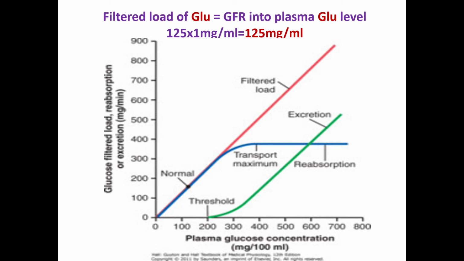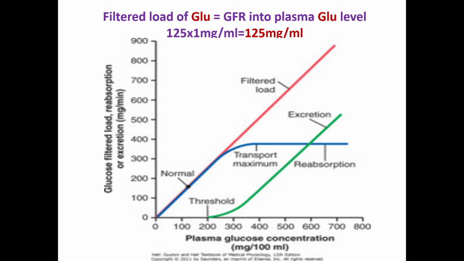And all the nephrons are not functioning up to the mark. All the nephrons are not functioning equally. That's why for some nephrons, reabsorption is not up to the level of the TM, and the threshold starts at the level of 200 milligram.